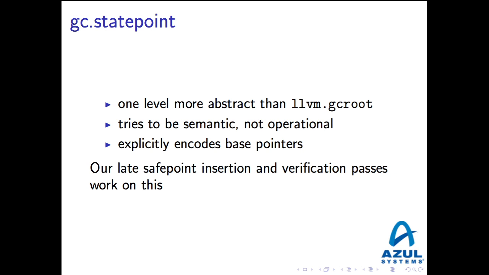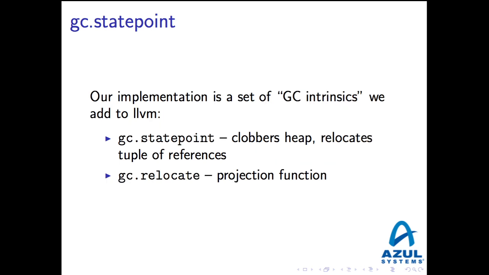And the way we try to do this is we represent LLVM heap references as first-class SSA values in LLVM. There is no explicit boxing involved. And our late Safepoint insertion pass and verification passes work on this representation currently. So we propose adding two new intrinsics to LLVM, GC-related intrinsics. The first one is gc.statepoint, which is marked read-write, so hence it can clobber everything in the heap.